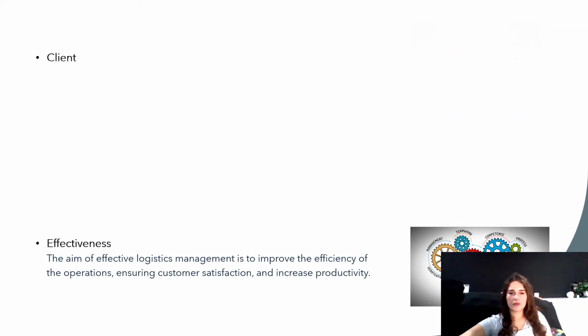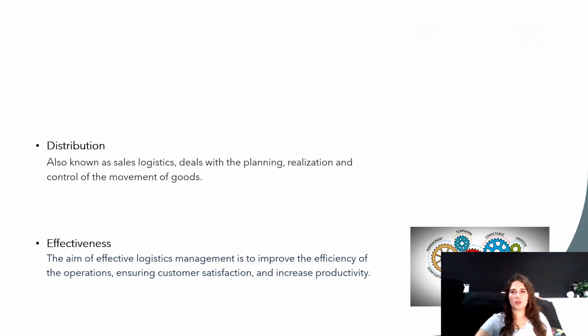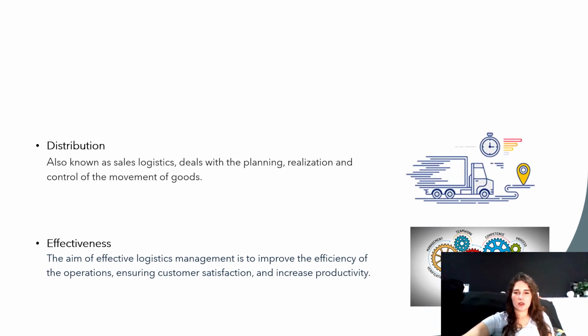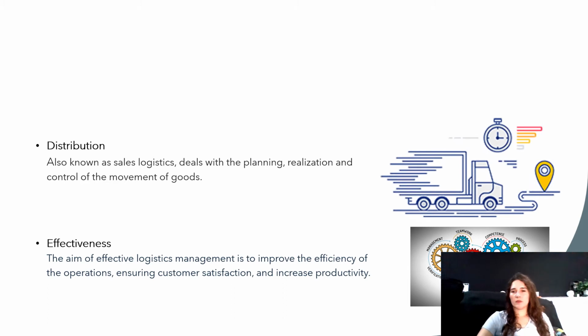And then we have distribution. This is something that we might think of when we talk about logistics, and it's also known as sales logistics. It deals with the planning, realization, and control of the movement of goods. Not only is it moving around the merchandise, it has to do with many other aspects.